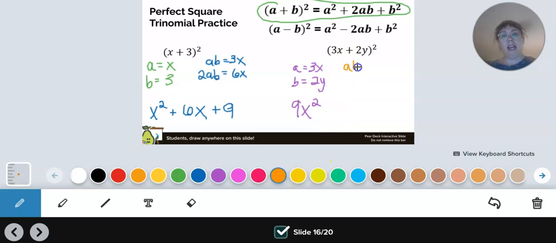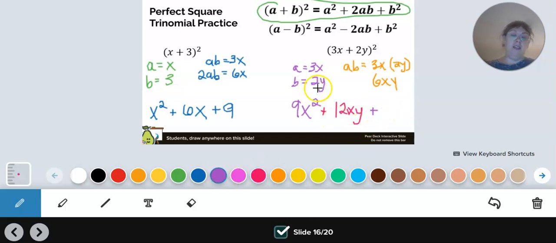When we multiply a times b, 3x times 2y gets us 6xy. But then we'd want to double that to get 12xy. And then our b, which is 2y squared, gets us 4y squared. So that's going from our factored form to our expanded form.